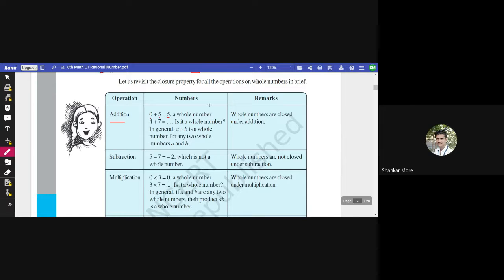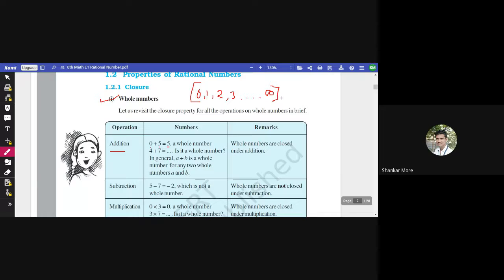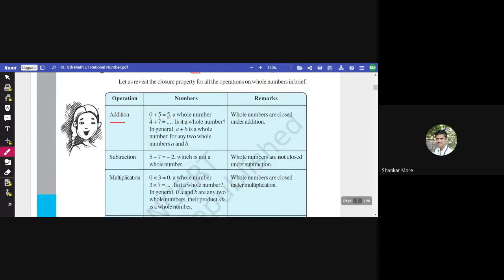So will this result be found in the set I have written here? Yes, it is an integer, absolutely it is an integer, but in the set of whole numbers that I have written here, will I get that number, will -2 be there? No, I will not get that number. So that number is not closed in this set. That's why we write the remark: whole numbers are not closed under subtraction.